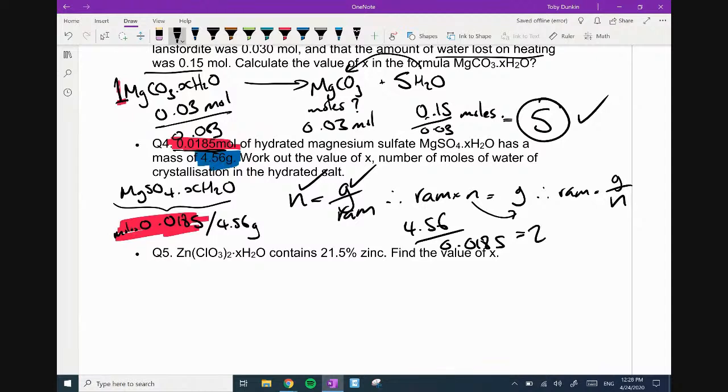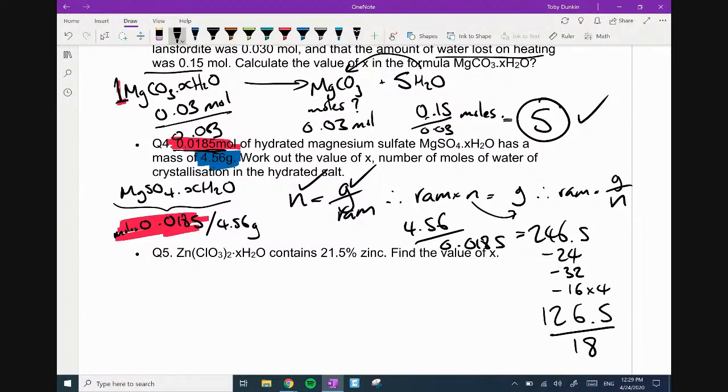And I get 246.5. Right, now minus everybody: minus magnesium, minus 24, minus 32, minus 16 times 4, and I get left over 126.5.